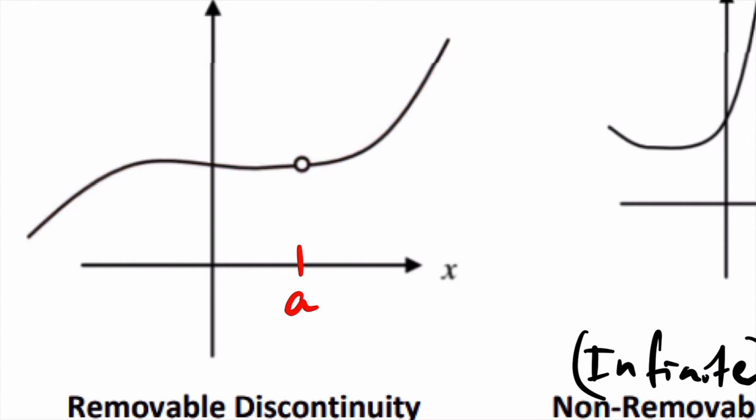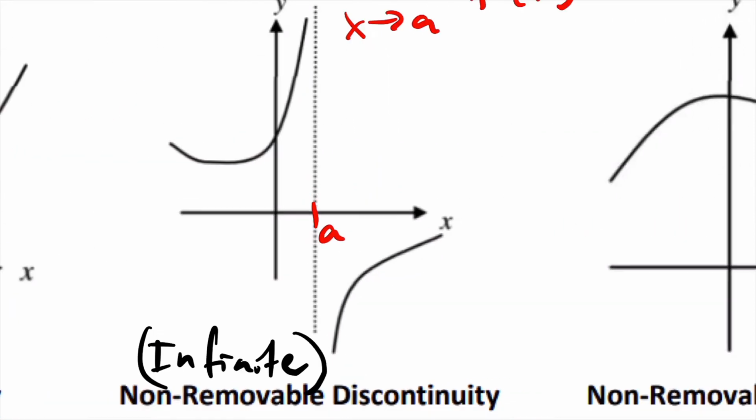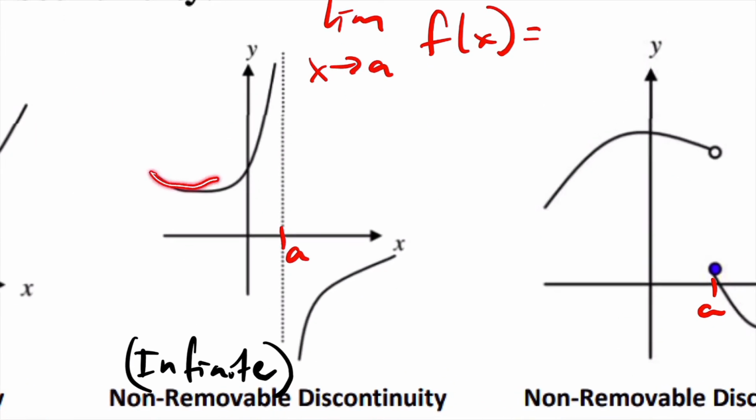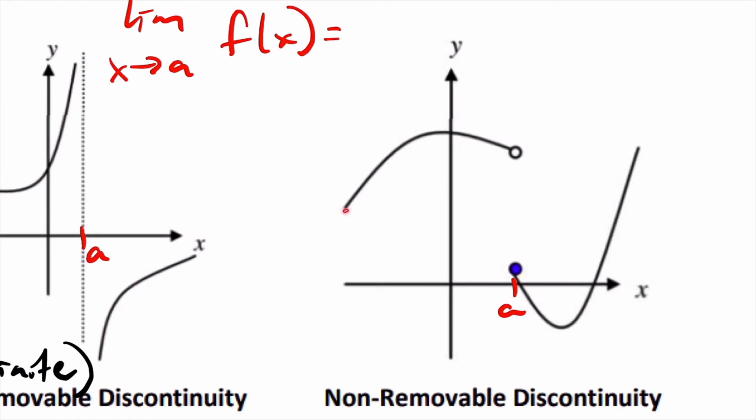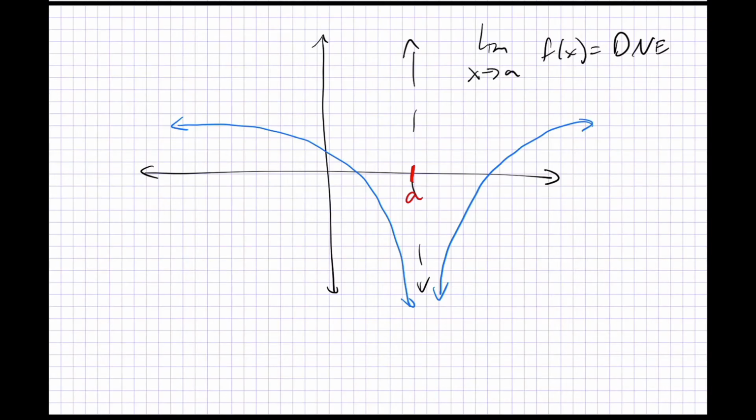That's why it's discontinuous. This one here, same thing. I could draw it like this, pick up my pencil, then draw the rest. Same thing here, I have to pick up my pencil. For something to be continuous, I wouldn't have to pick up my pencil.